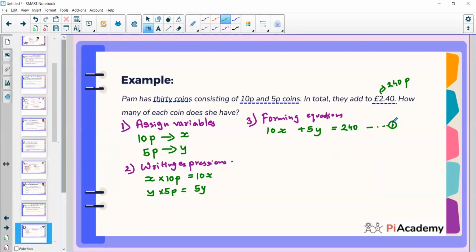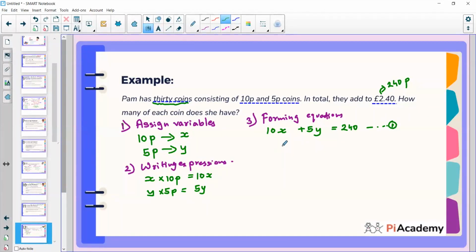Can anyone help me figure out the second equation? I can use this information: Pam has 30 coins. Yes, Arnav, would you help me narrate the second equation? Yes, 30 coins. What does this mean? This means my x is number of 10p coins, my y is number of 5p coins.